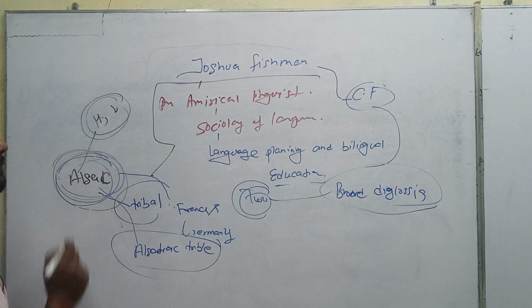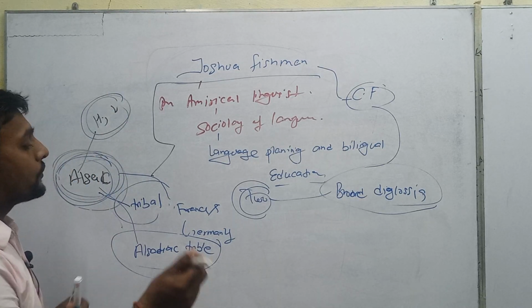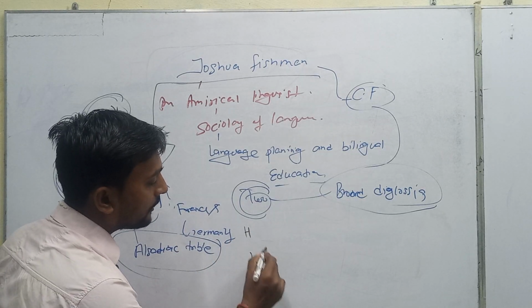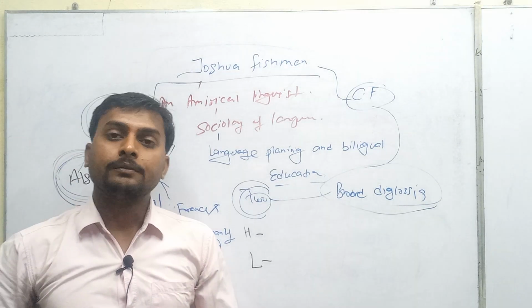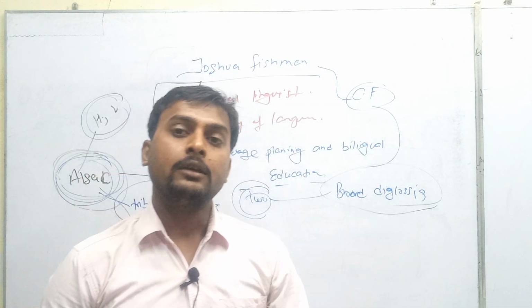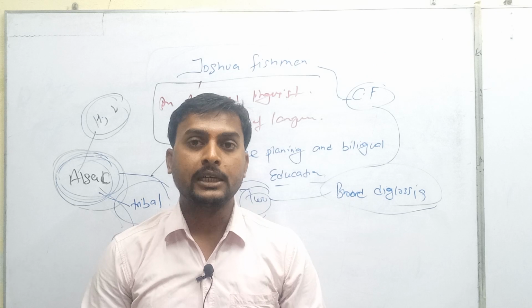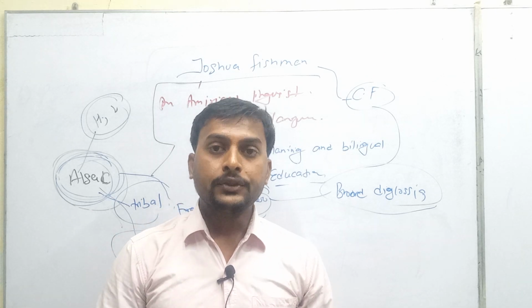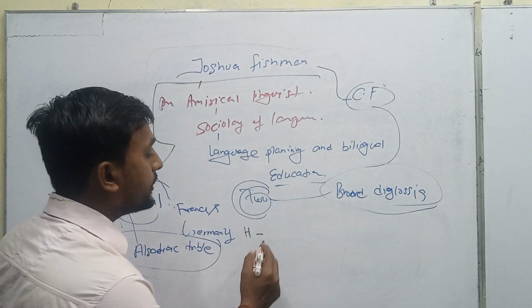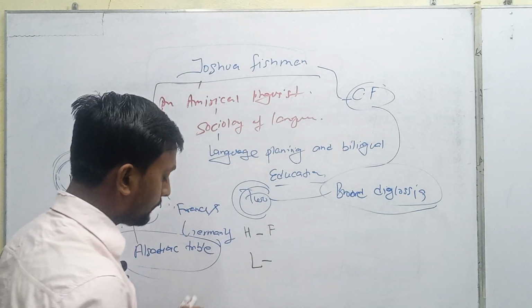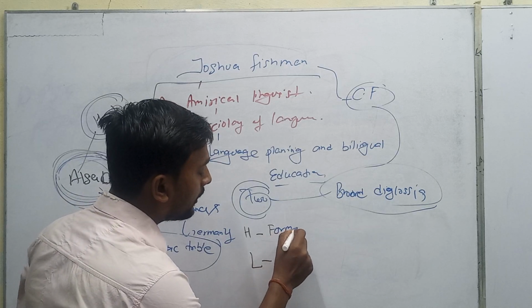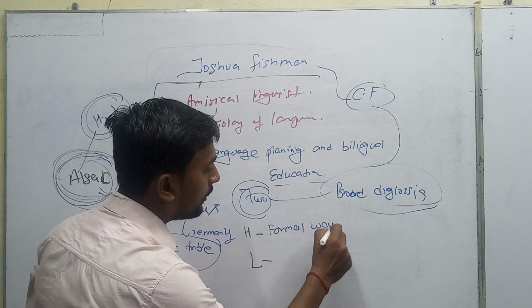According to Joshua Fishman, here we have H and L codes, high code and low code prestige. What are high prestige and low prestige? High prestige is used in a formal way.